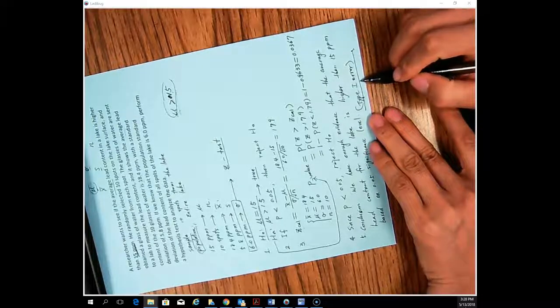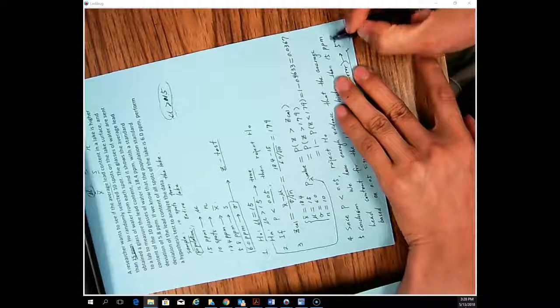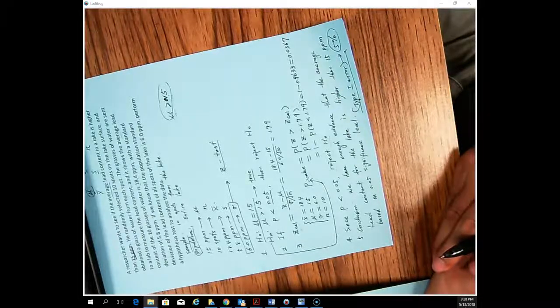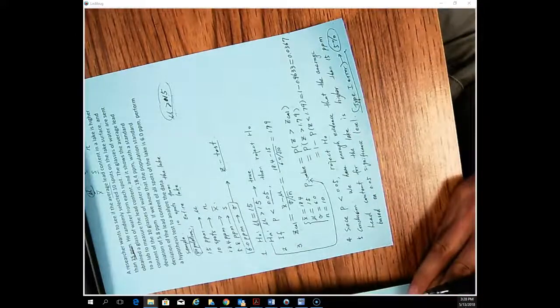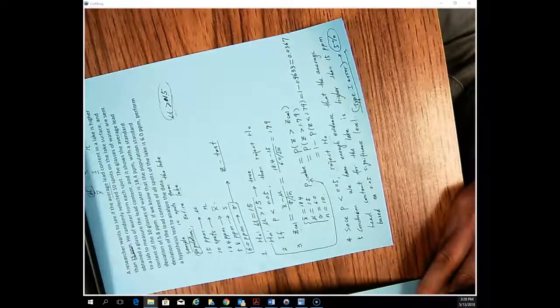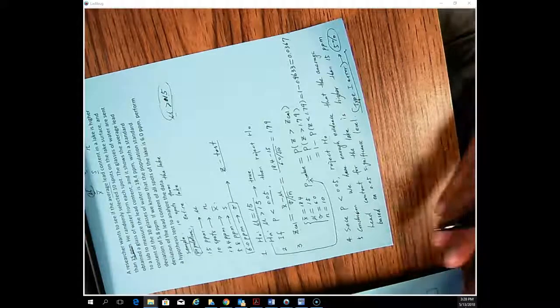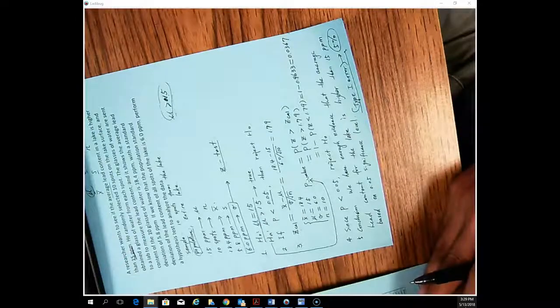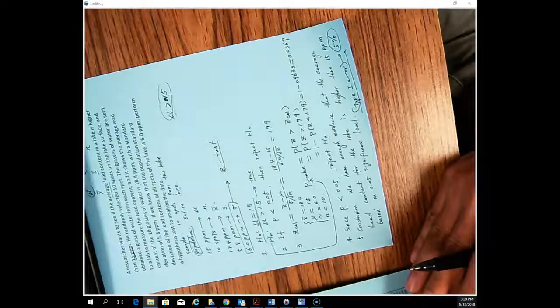What's the chance to make a type 1 error? That's the type 1 error rate, alpha. So we have 5% of chance to make a type 1 error. In other words, we have 95% of chance to make a correct decision based on the analysis you did. So based on the probability, we're able to make a better decision, and that will help us for making any kind of good decisions using statistics.